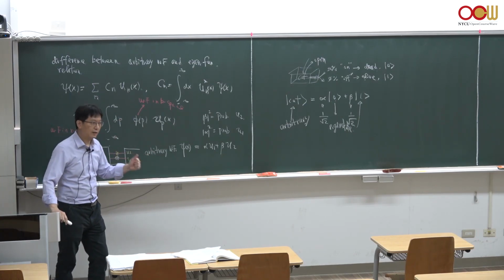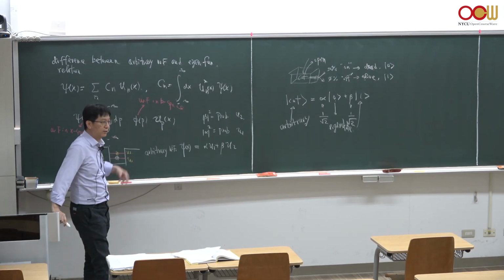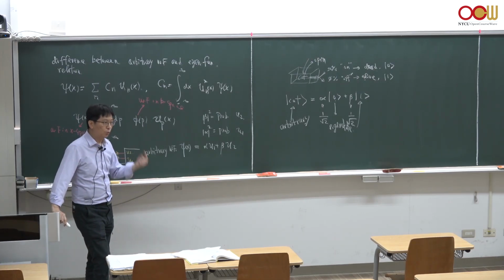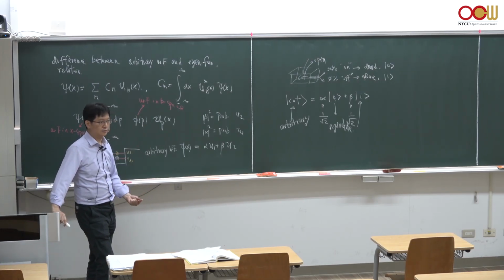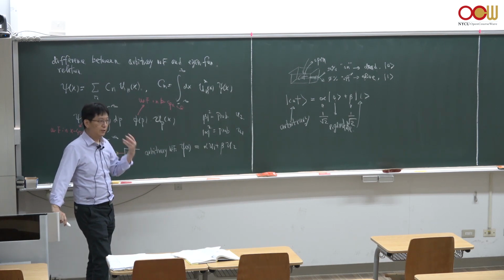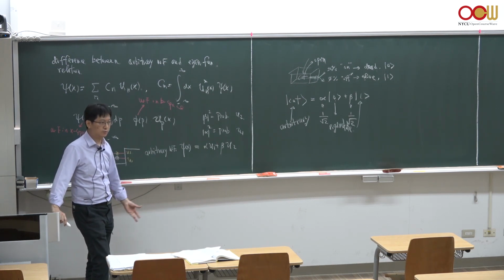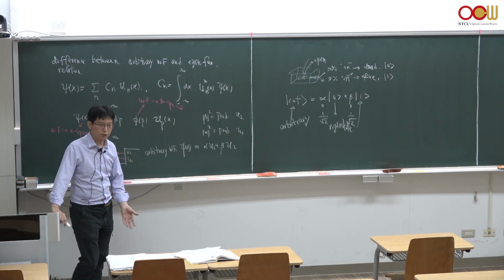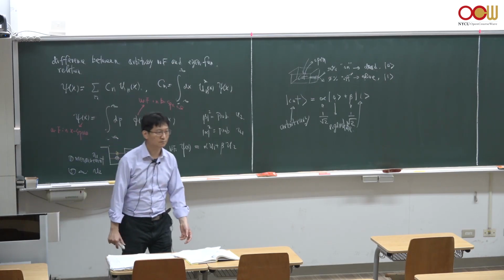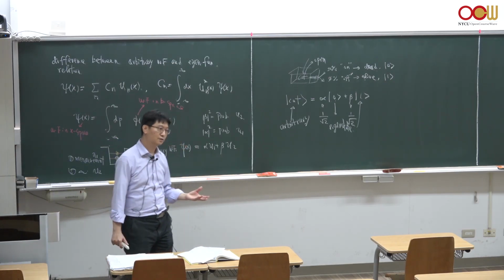And when you take the measurement, the quantum particle can be found only in one of the n possible eigenstates. But each measurement, you may find a different answer. So that's the nature of quantum mechanics. There is some uncertainty here.